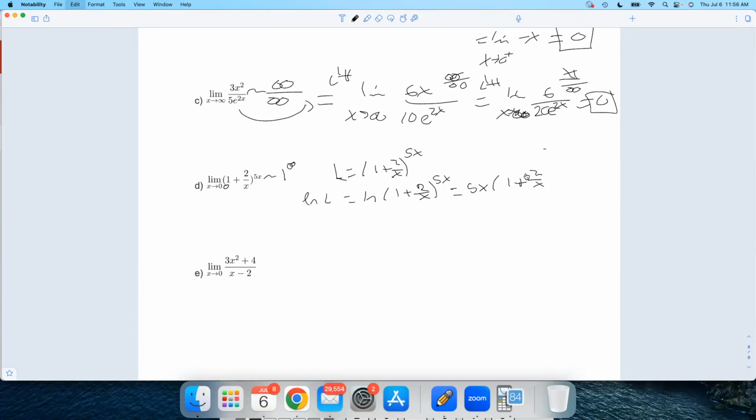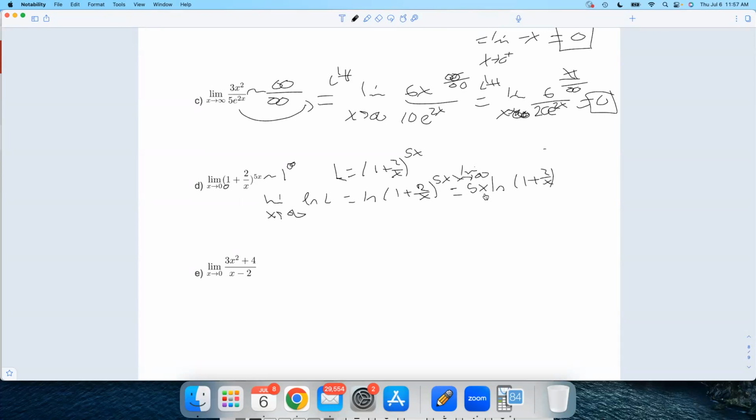Oh, and I forgot my log. So 5x times log of 1 plus 2 over x. All right. And now we're taking the limit of both sides. So take the limit as x goes to infinity.